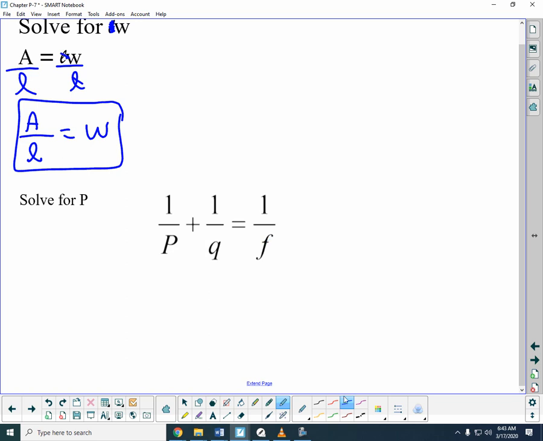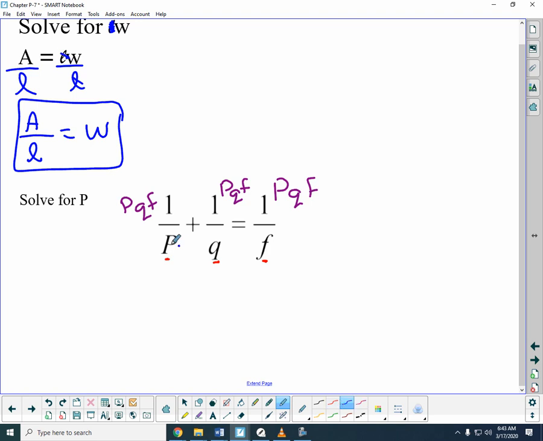So I'm going to find that my common denominator here is p, q, and f. So I'm going to multiply each piece by p, q, and f.